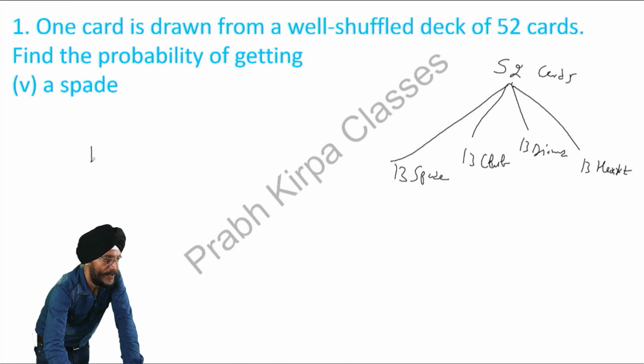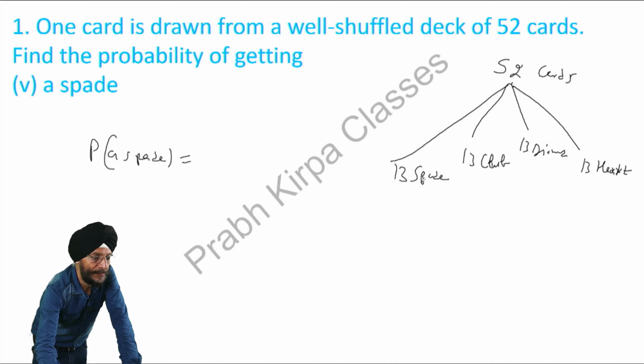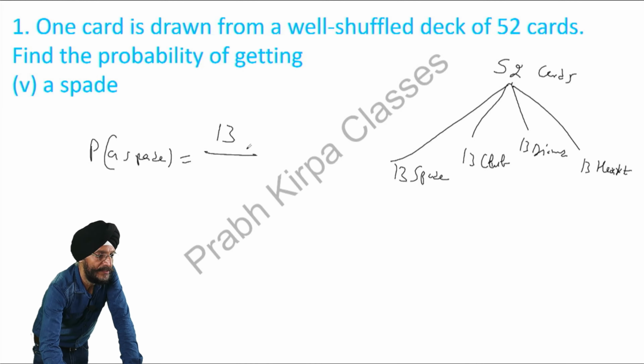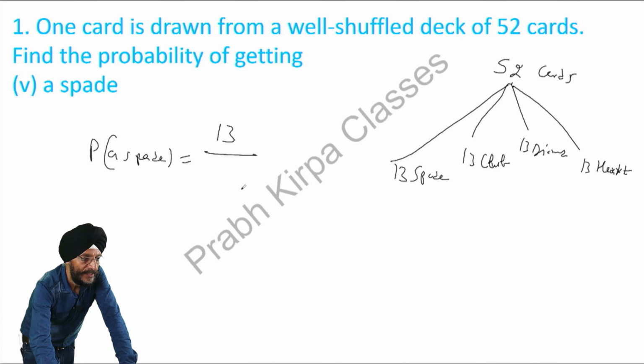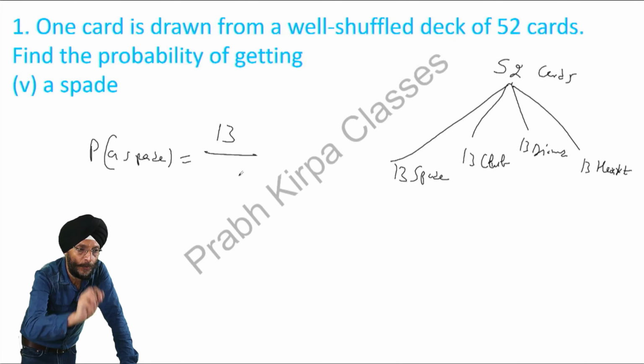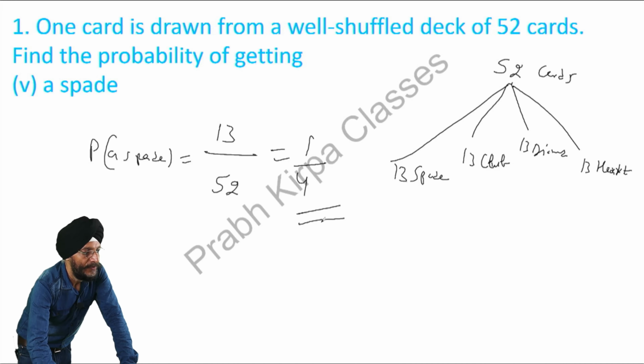So what is the probability of getting a spade? The number of spade cards is 13, that is the number of favorable outcomes is 13. It is to be divided by the total number of possible outcomes. Total number of cards is 52. So the answer before you is 1 over 4.